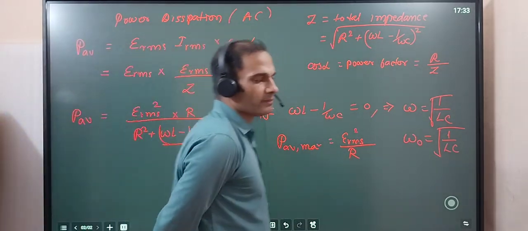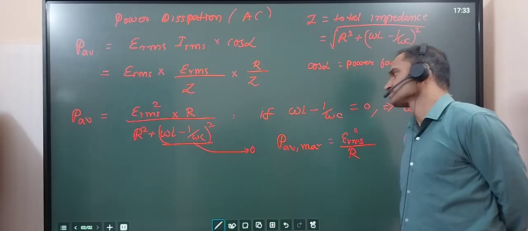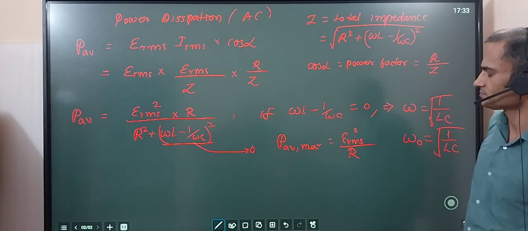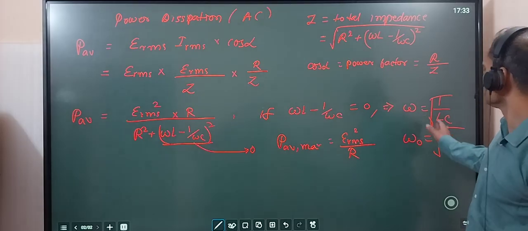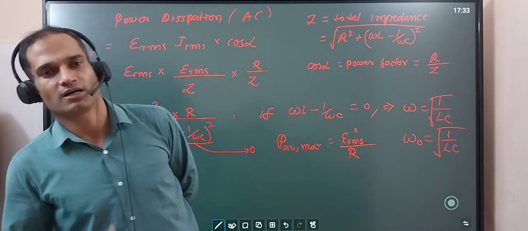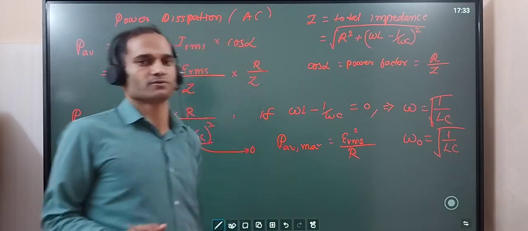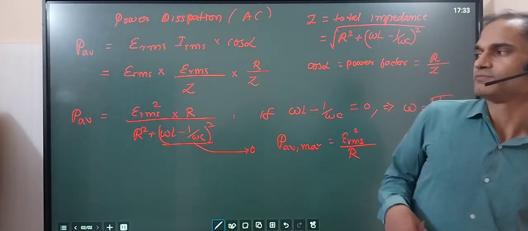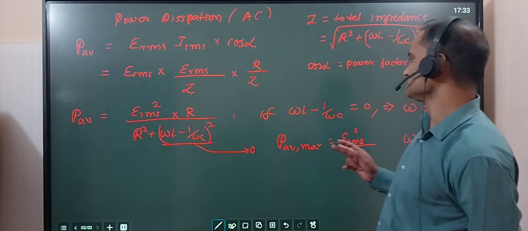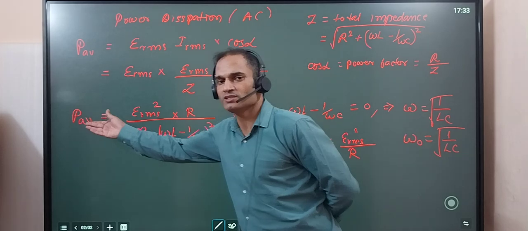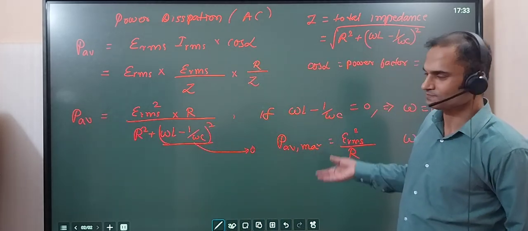So this happens at omega naught. I will first draw a curve, a resonance curve. We will see the resonance curve, then we will find the different frequencies at which the average power is half of this maximum value.